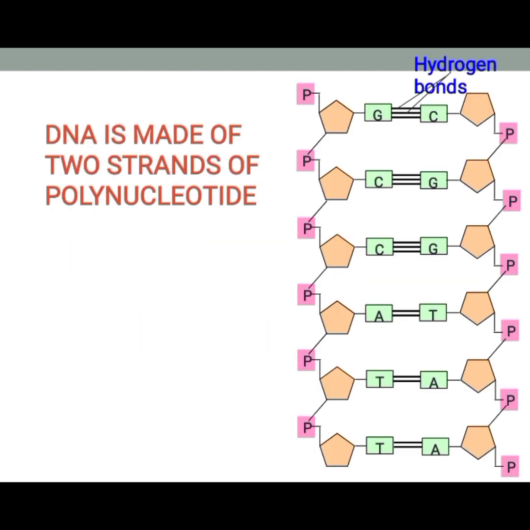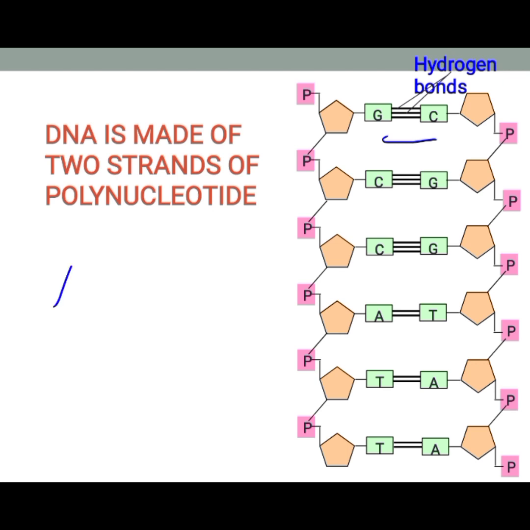So here you can see the exact structure of DNA. It is a double-stranded structure. If you see here, guanine is always bonded through a triple bond. This bond is a hydrogen bond. So guanine always has a triple bond, and adenine and thymine have a double bond.